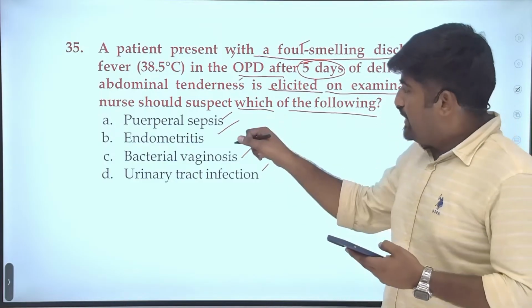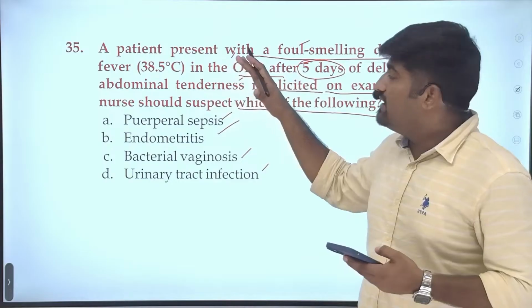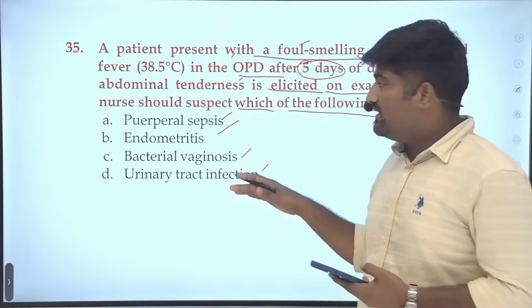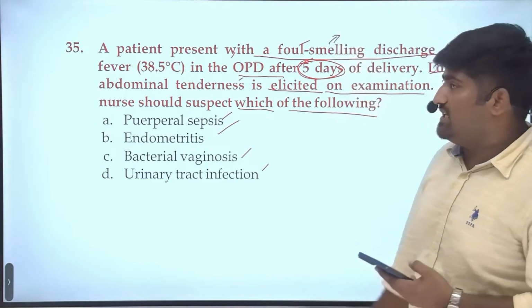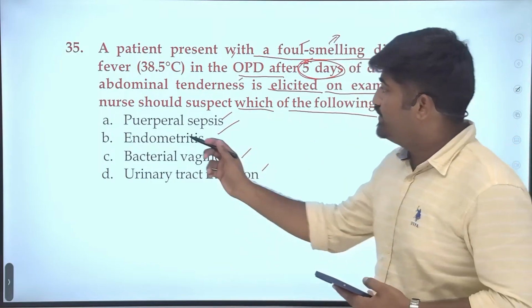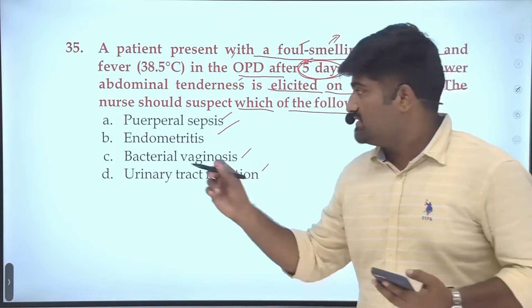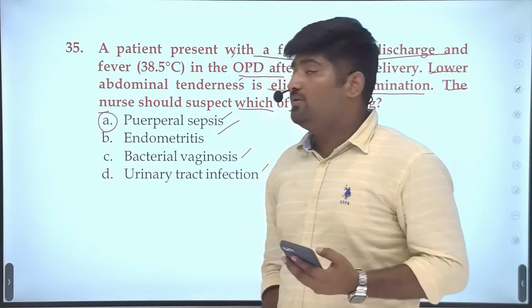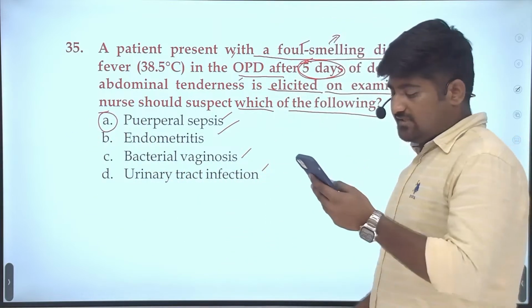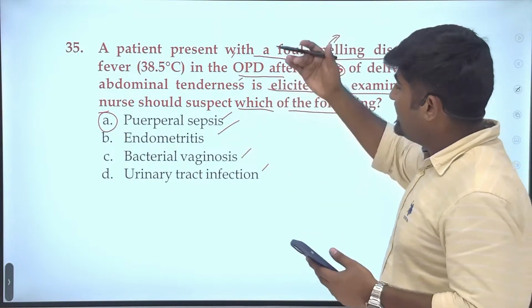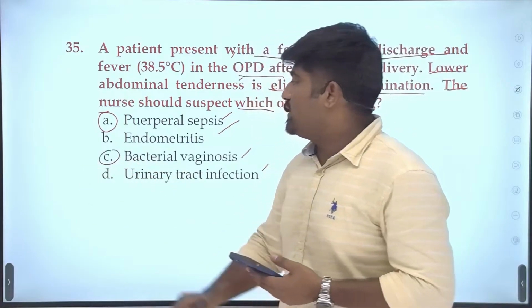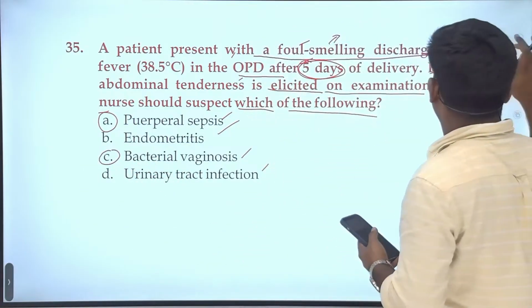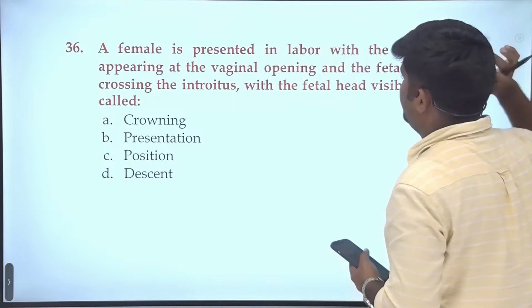So in endometriosis, there will be severe pain, and within 5 days there won't be any foul smelling discharge. Foul smelling discharge is there, it is due to puerperal sepsis. If it's whitish discharge or any other discoloration of discharge is there, then we can go for bacterial vaginosis. But the answer is puerperal sepsis.